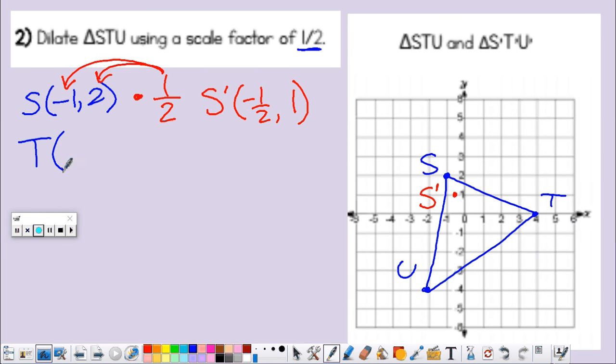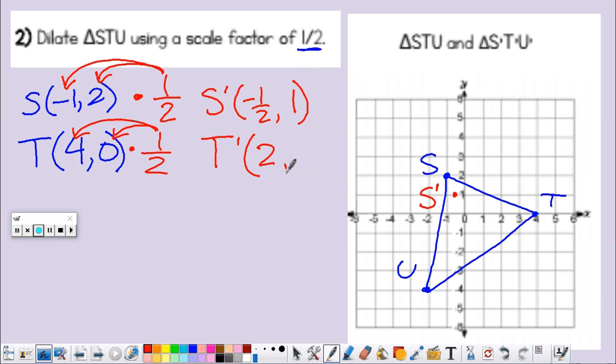And now we're going to take T. T is 4, 0. We're going to multiply it by 1/2. So 1/2 is going to get multiplied by the x and the y values. So that's T prime. 4 times 1/2 is what? 2. Very good. 1/2 times 0 is still 0.